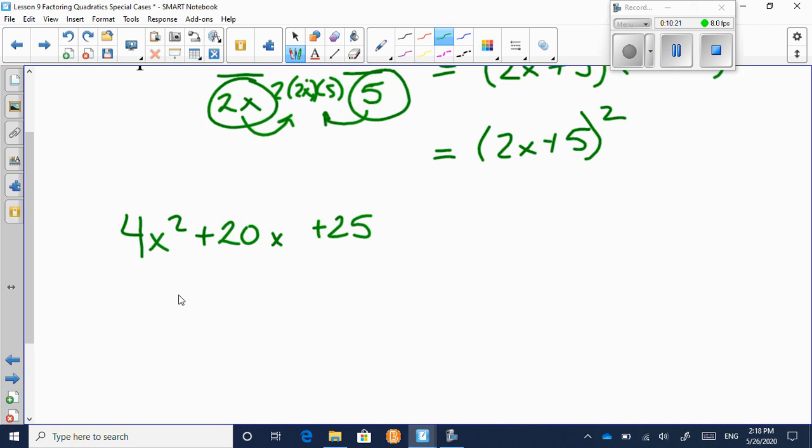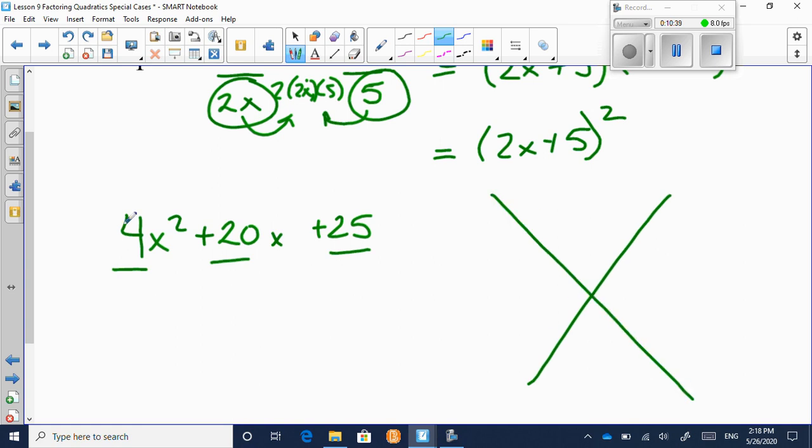And so let's say you charged ahead as if this one was a complex trinomial, because you can see that A is 4 and not 1, B is 20 and C is 25. You would start your X box and do 4 times 25, which is 100, and then you'd put your 20 down here for your B, and then you'd start looking for two numbers that multiply to 100 and add to 20. And hopefully what you see is that you get plus 10 and plus 10.